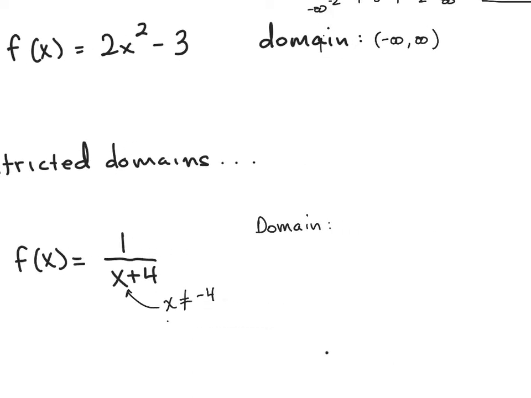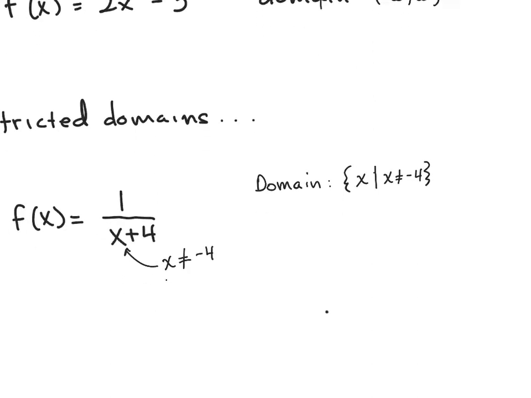Not that you would use this to answer on an exam, but the set notation would be the domain is all values of x such that x does not equal negative 4. But using interval notation, and for many students it's easier sometimes to visualize it on a number line first.